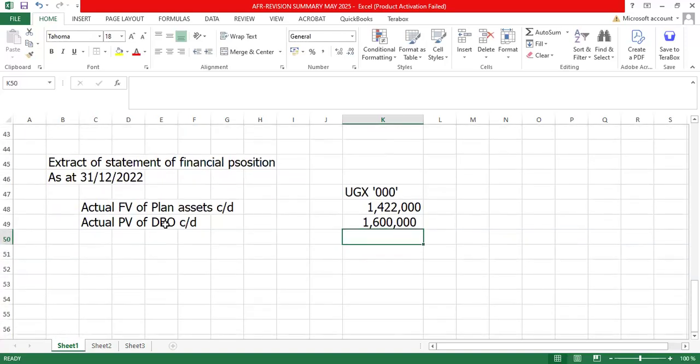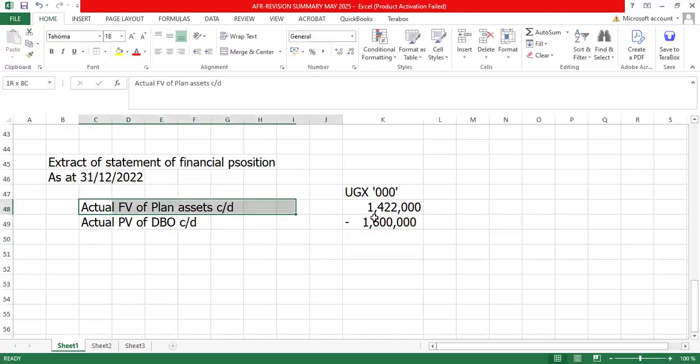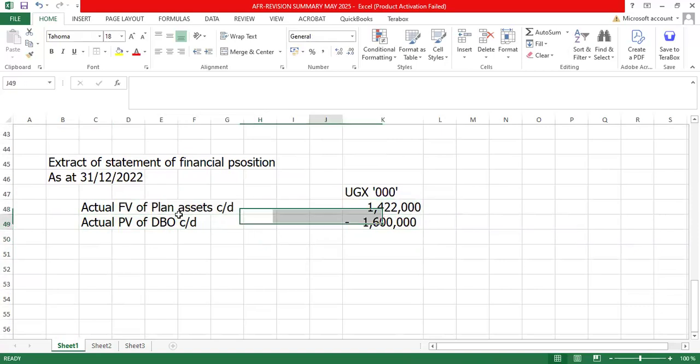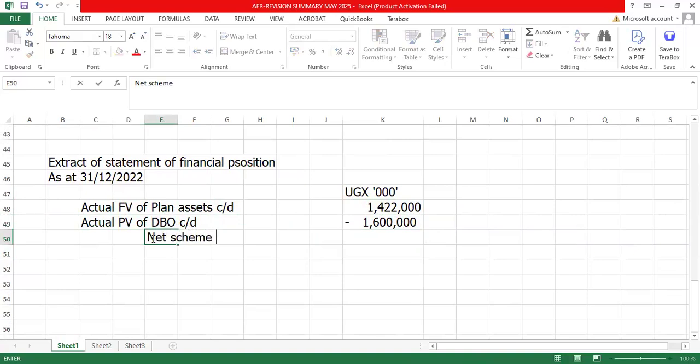So do you have a net asset or a net liability? If it's a liability, put a negative. If you compare these two, liability. Net liability. So you can have net scheme liability, the difference.